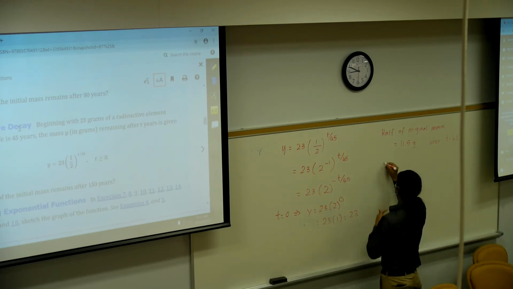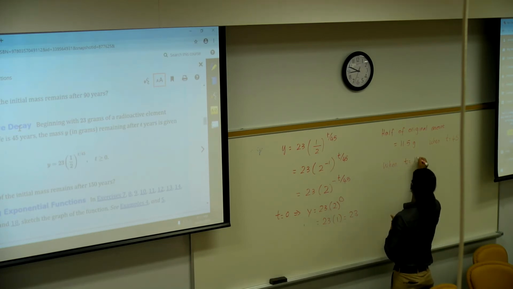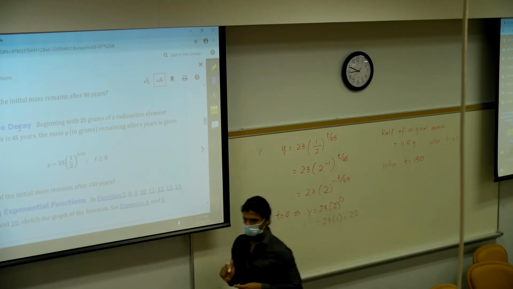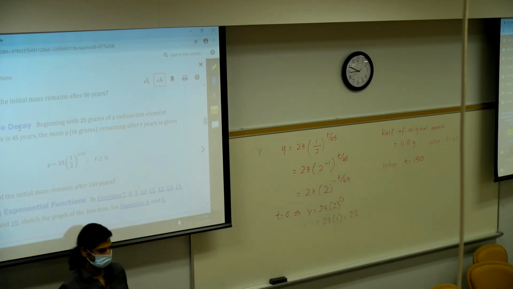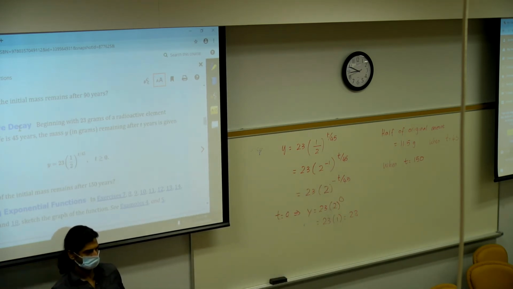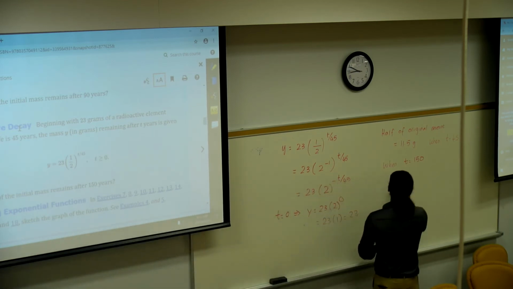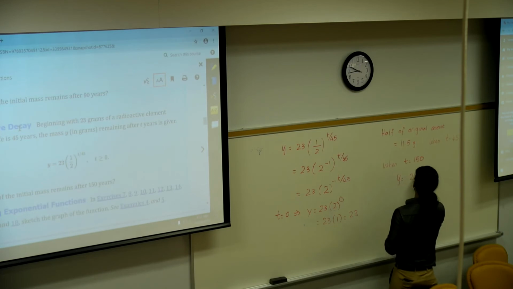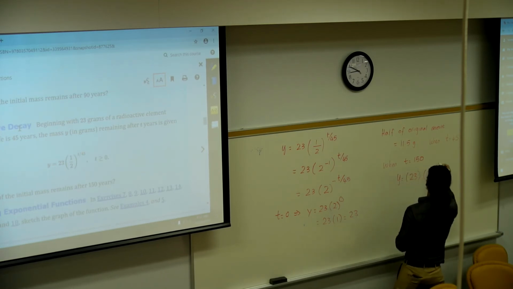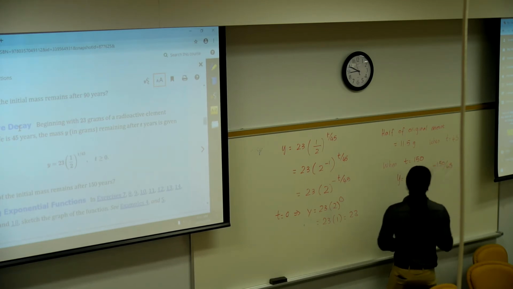And how do we find that? Plug it in for t, so we would have y equals 23 times 2 raised negative 150 over 45.